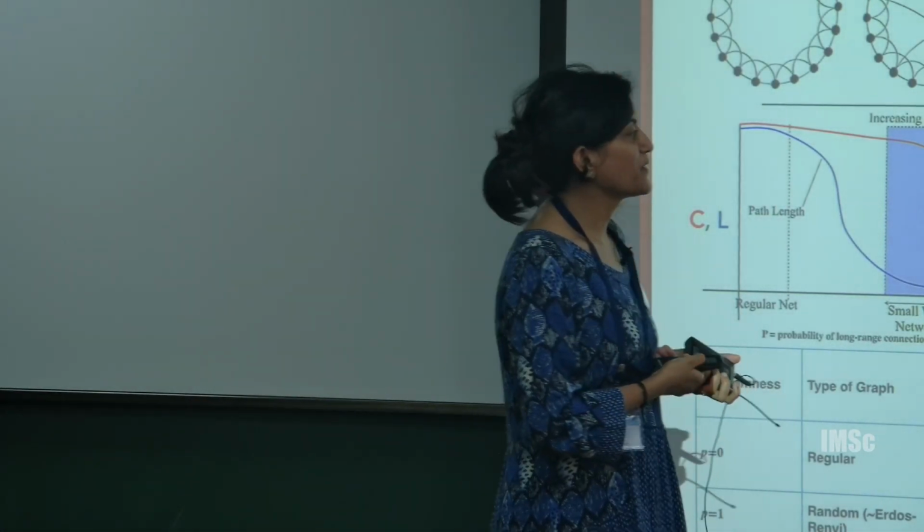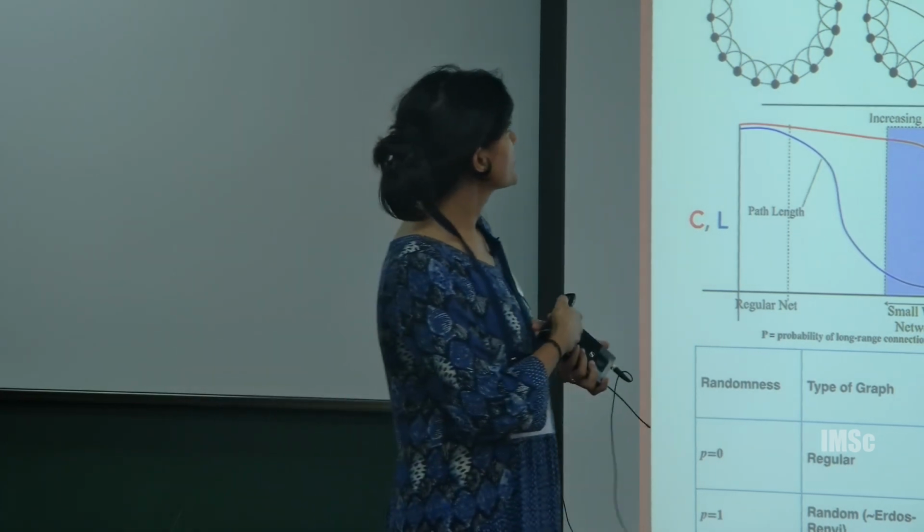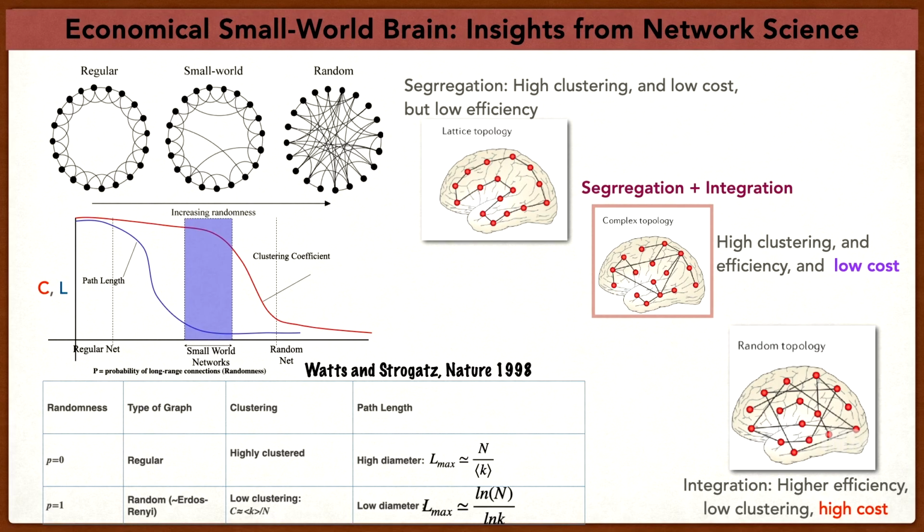Okay. So here you have again both features: the high clustering as guaranteed by the lattice topology and higher efficiency as given by the random networks, but they do not have all possible long range connections. They have some long range connections which provide the fastest communication between the distant brain regions, and therefore at lesser cost, higher efficiency.